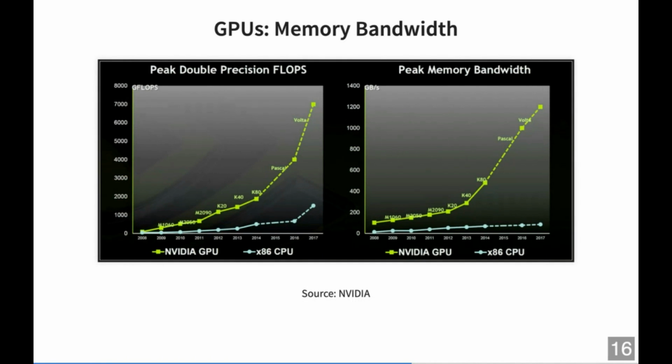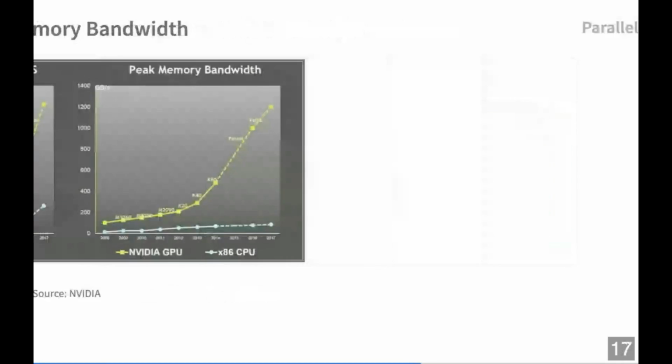And this is really a design decision and a cost decision, but to maintain the balance of memory bandwidth and compute, the GPUs have relatively much more memory bandwidth.